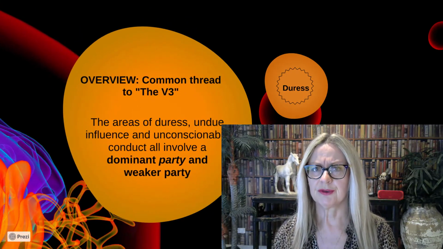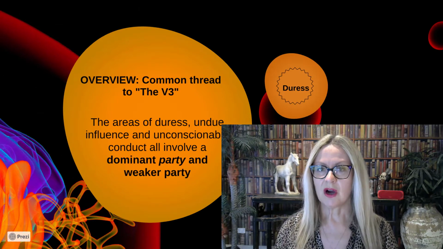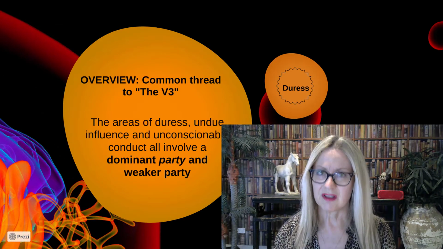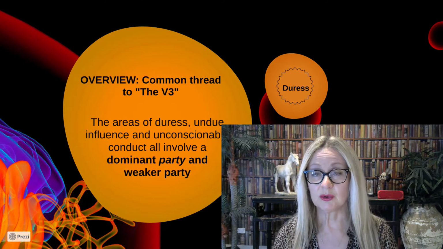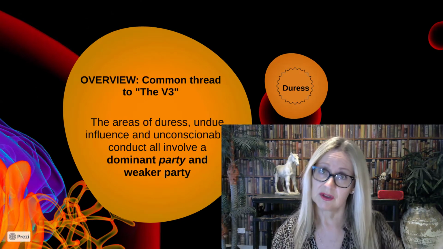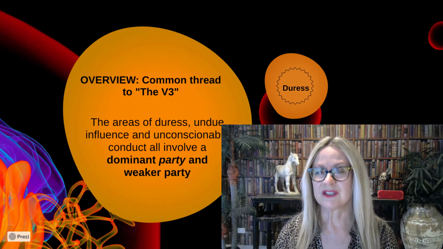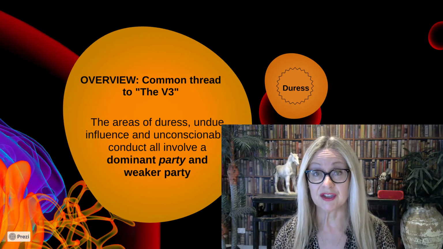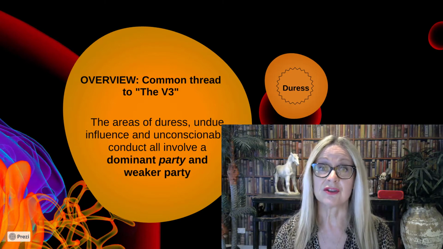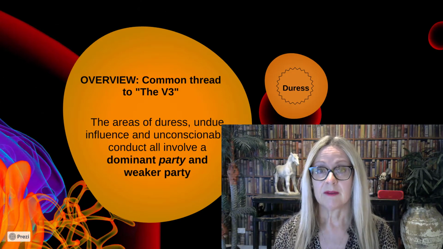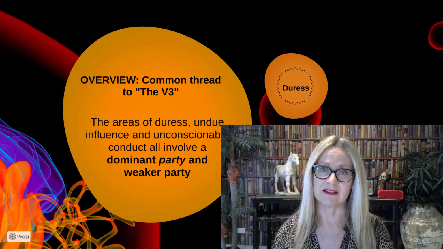Now, as we go through the various vitiating factors today, you will find that there are some common themes, and inevitably you will also make some links back to some of the material we've covered in other video series. In this respect, I'm particularly thinking of misrepresentation, and misrepresentation was actually argued in tandem with unconscionable conduct in one of the significant cases that we'll look at today.